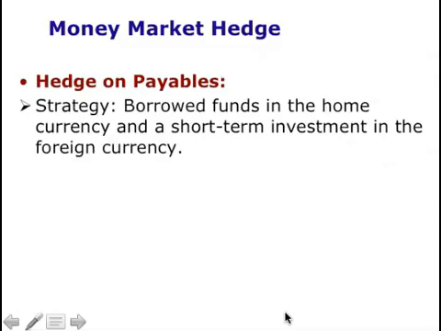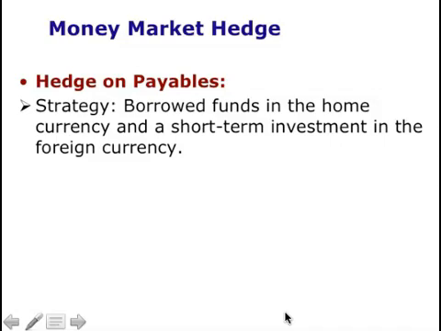you need to borrow funds in the home currency. Why do we borrow in home currency? Because home currency depreciates. After you borrow the funds in home currency, you make a short-term investment in the foreign currency.